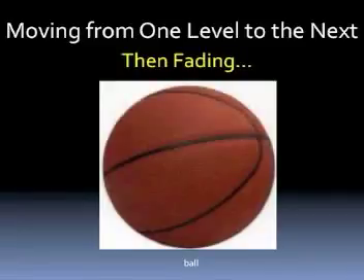When we start fading, once we think that the person we're working with is going to be able to start looking more towards the word, understanding the word, then we're going to make the picture of the ball a little bit smaller and the word ball a little bit larger. And then over time we will make the picture even smaller and the word even larger.